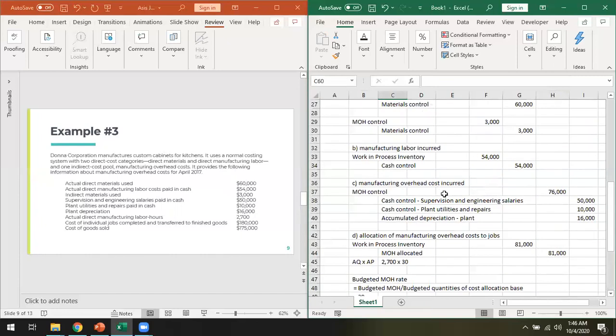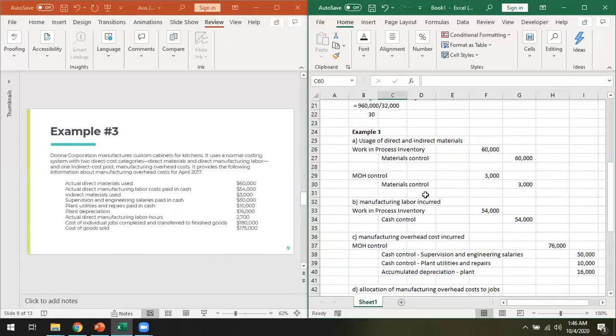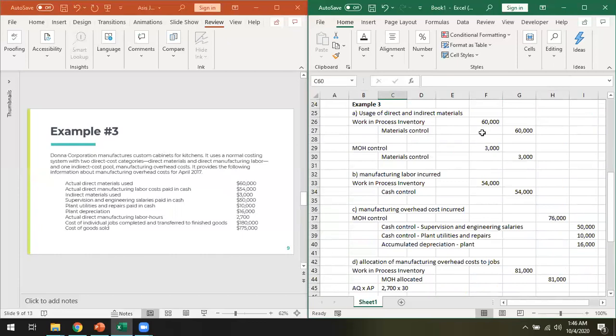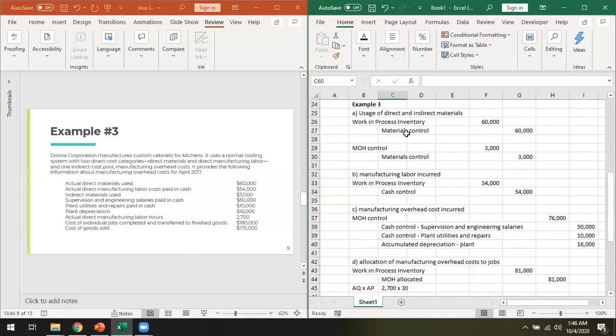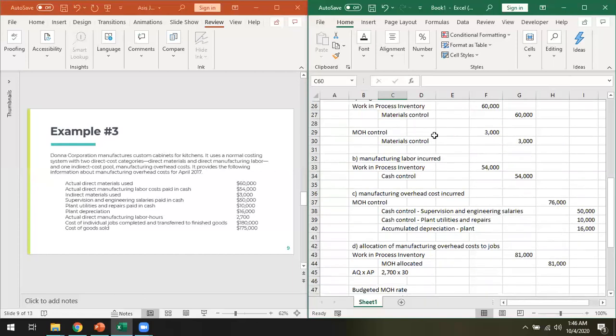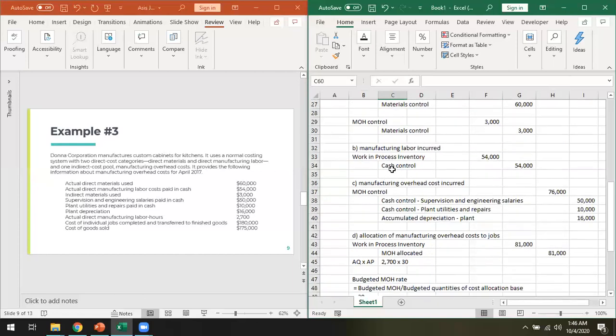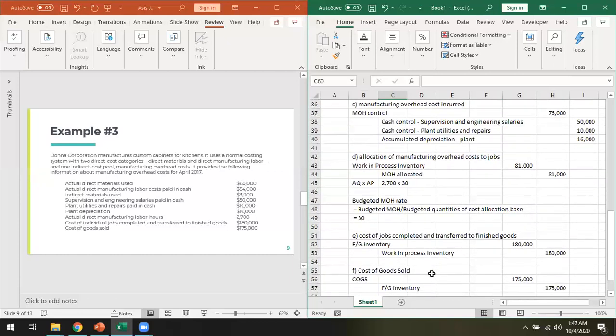So work in process inventory at first is the sum of these numbers from materials control, the cash control because of manufacturing labor, and also from manufacturing overhead allocated.